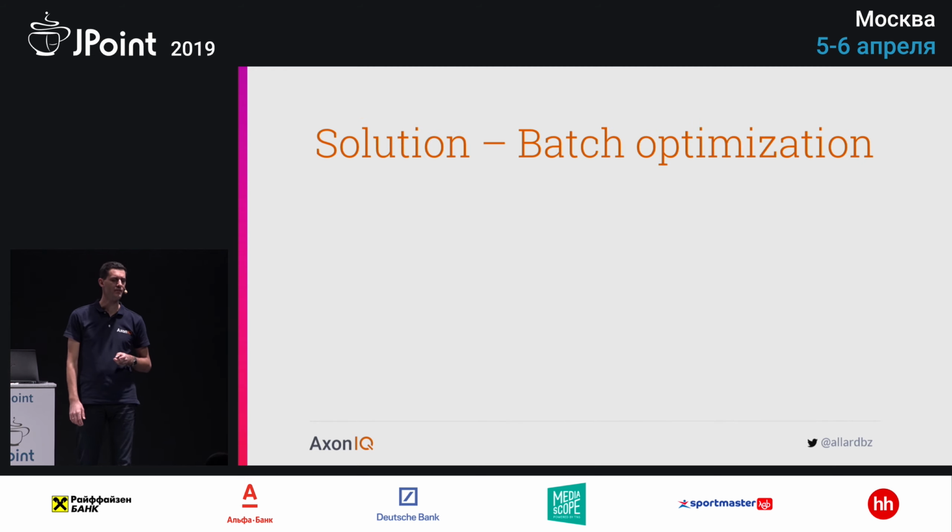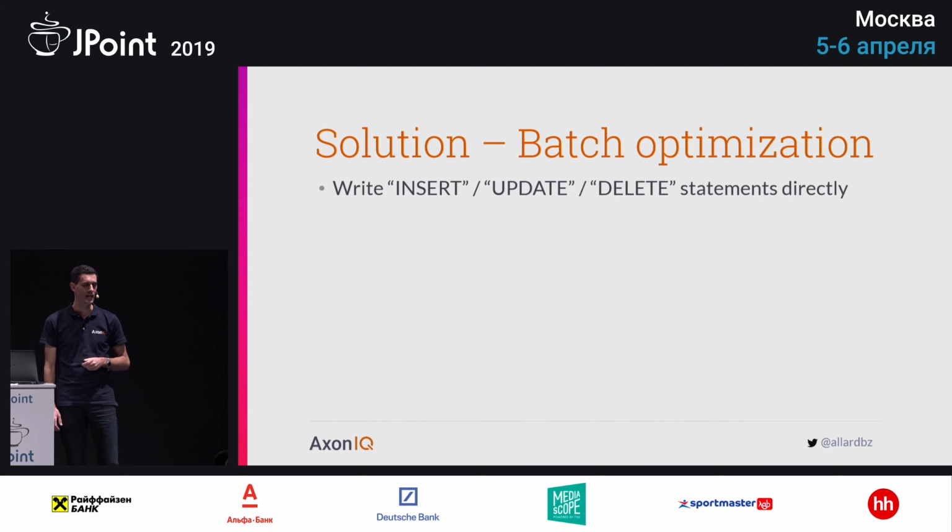Now remember, we have this naive solution of loading the current state and updating it and saving it back. What if we can make that logic slightly better? So we can optimize and make real good use of the batching that we're doing. And essentially, it means, first of all, we need to write whatever kind of statements that we use.